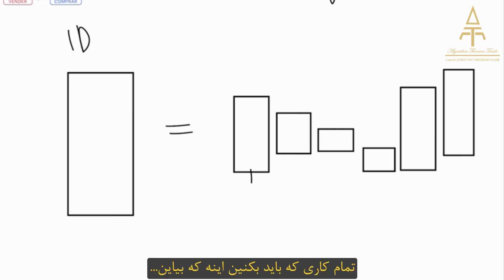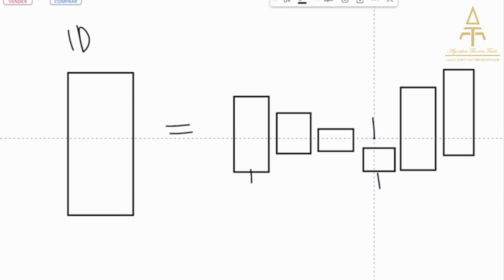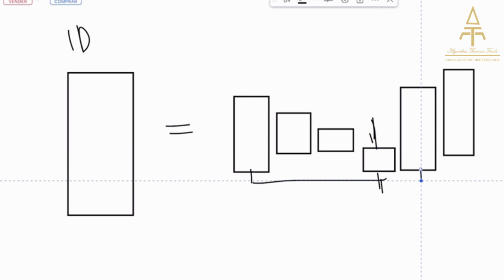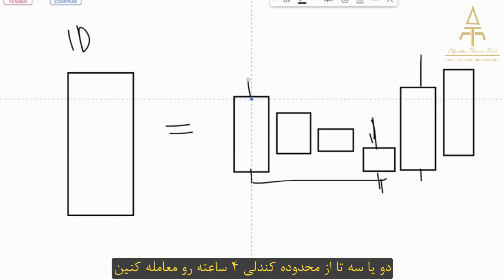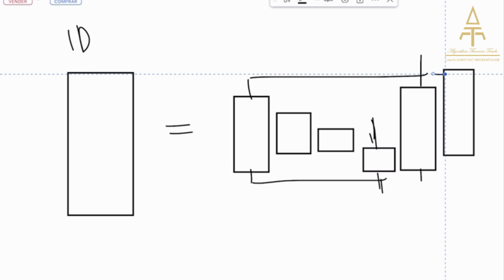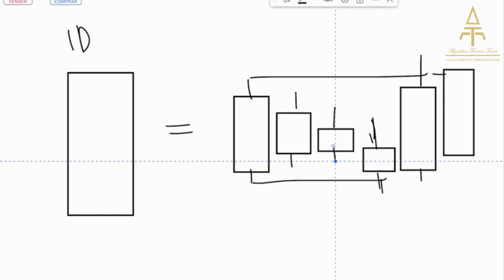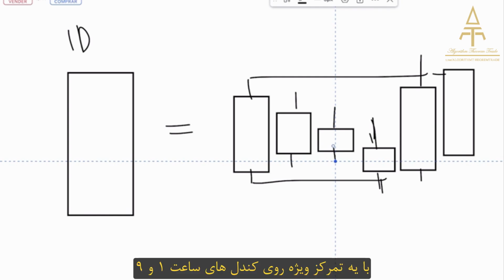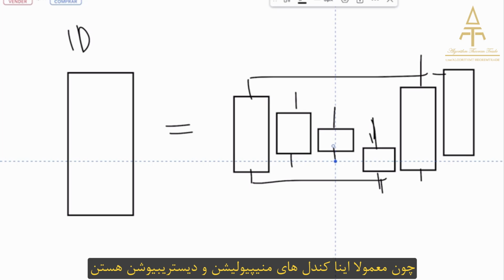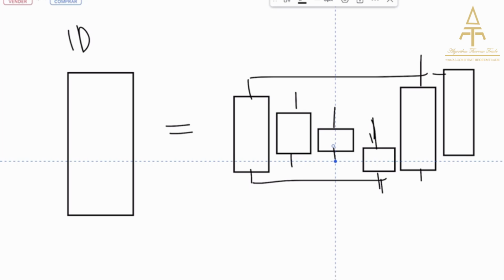All you want to do is trade two to 3 of the 4-hour candle ranges, right? With special focus being on the 1 and 9 candles, because those are usually the manipulation and distribution candles. 1, 5, 9.